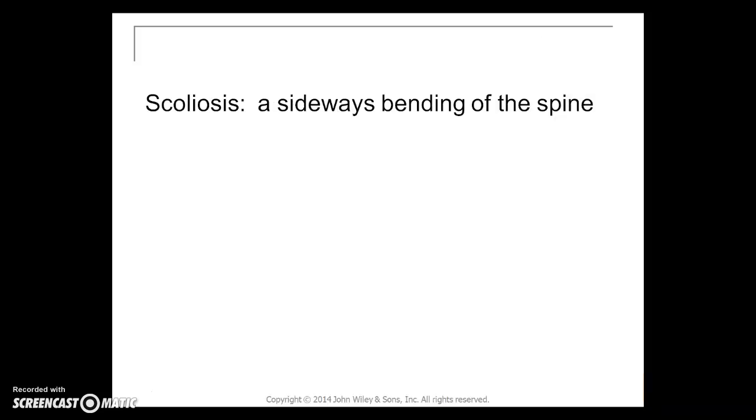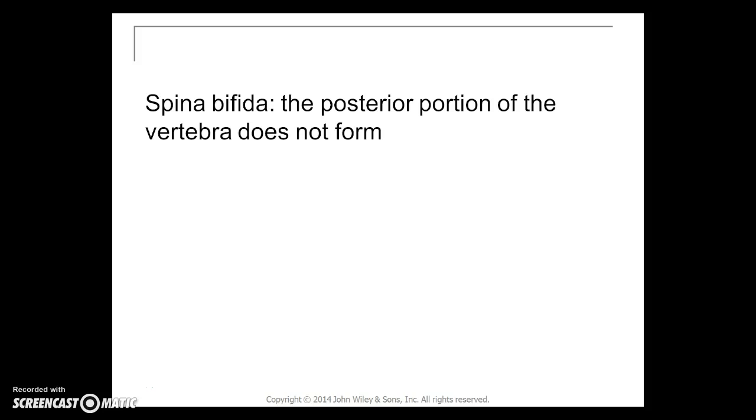Scoliosis, a sideways bending of the spine. You've got some pictures in your textbook of scoliosis, but there are no pictures in this PowerPoint that came with the book, which is kind of weird. But you can look at the scoliosis pictures in the book. And then spina bifida. Spina bifida is basically in the embryo stage when the vertebrae are being formed.